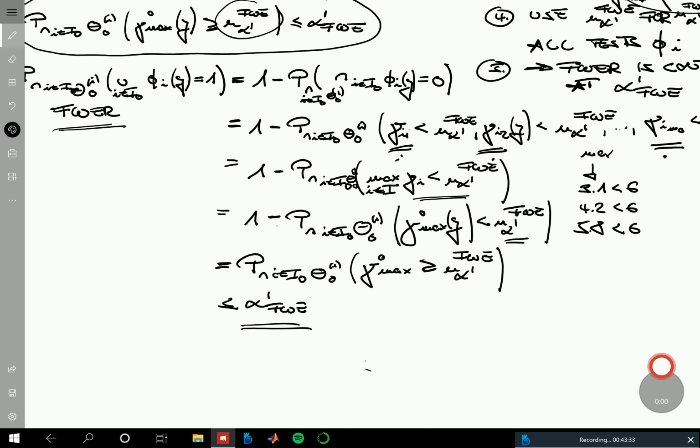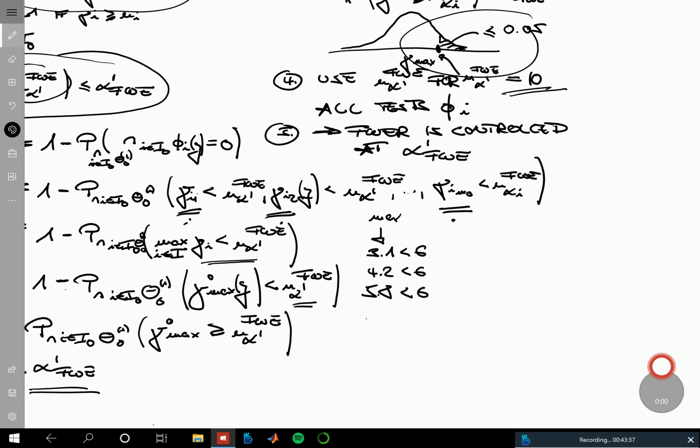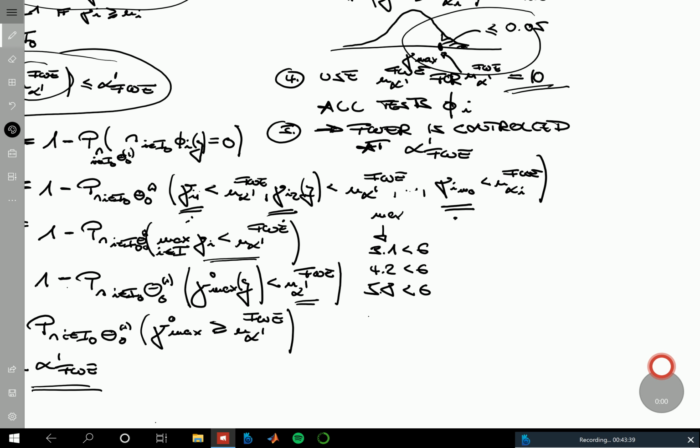This is why the maximum statistic, together with the assumption of spatial covariation, which will come in the random field part, is used. So Bonferroni is not appropriate for fMRI.